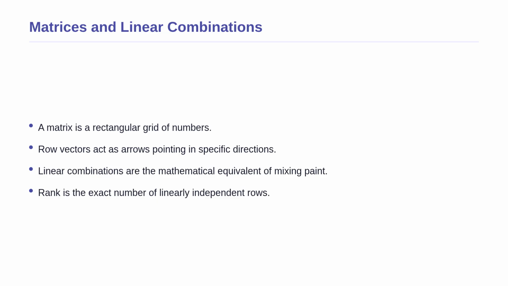This is the exact mathematical equivalent of mixing our paint colors. The row space is the set of all possible linear combinations of these row vectors. It represents every single point in space you could possibly reach by walking along the directions given by the rows. The rank is the exact number of linearly independent rows that bring brand new, unrepeatable directions.